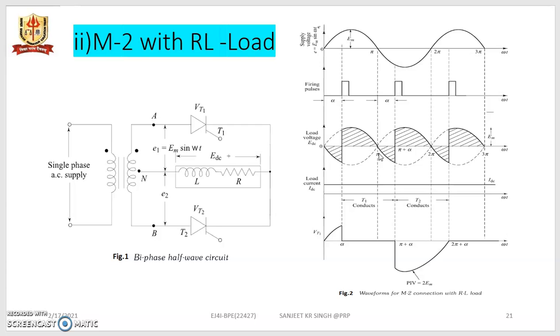But at this instant pi it is not turned off, it keeps conducting due to the energy stored in the inductor. The energy stored is dissipated through the load, and that keeps the thyristor in on state, and the thyristor turns off only at pi plus alpha, where the second gating pulse arrives and turns on the second thyristor, and thereafter the second thyristor conducts from pi plus alpha to 2 pi plus alpha.